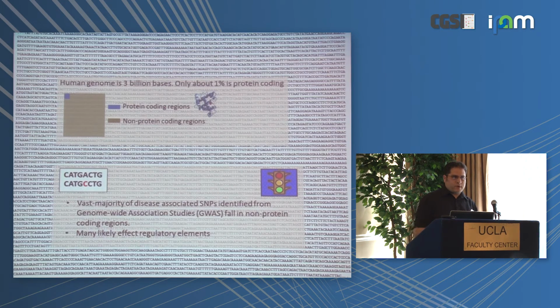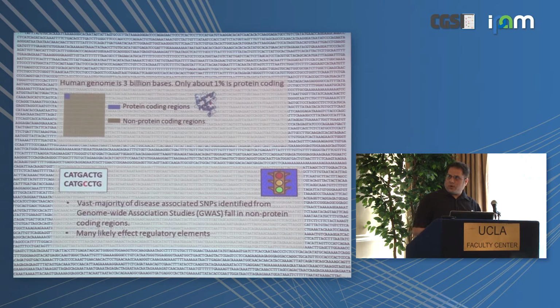And there's a lot of interest in studying and understanding this vast non-protein coding portion of the genome from genome-wide association studies, which have been implicating lots of disease-associated variation in this part of the genome without any clear explanation of why these parts of the genome are associated with disease. And it raises a hypothesis that many of these mutations might be associated with regulatory elements.